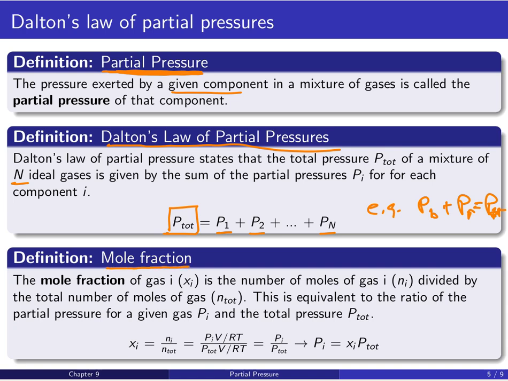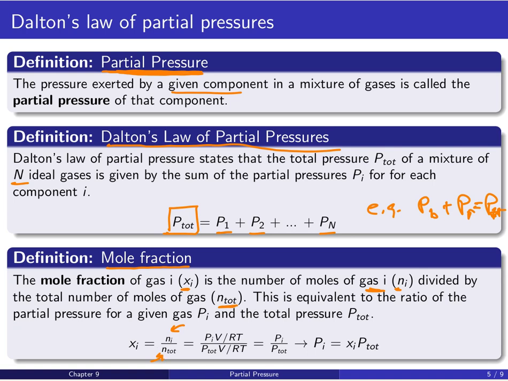Okay, so the mole fraction of a gas, which we're going to denote by X sub i, is the number of moles of that gas, which we'll denote by n sub i, divided by the total number of moles of gas in that mixture. Okay, so the number of moles of the gas we are looking at divided by the total number of moles. So it's this ratio of moles. Okay, it's a fraction.